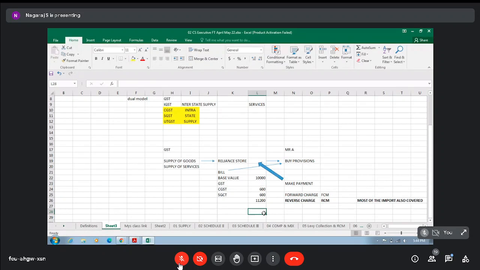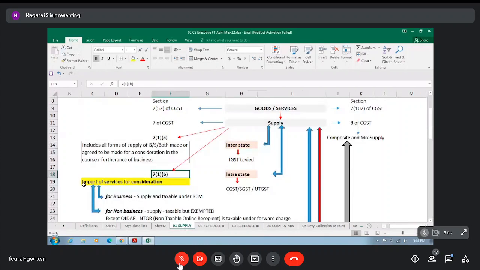Import means what? Getting something from outside the country. Assume that Joe Biden will supply some services to you. Will you catch him to pay GST?